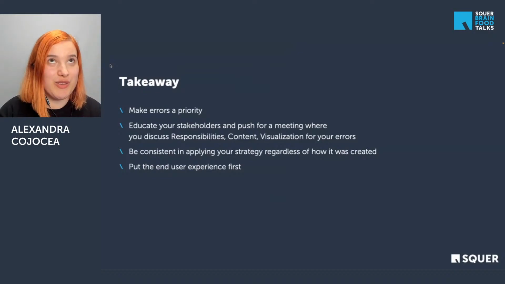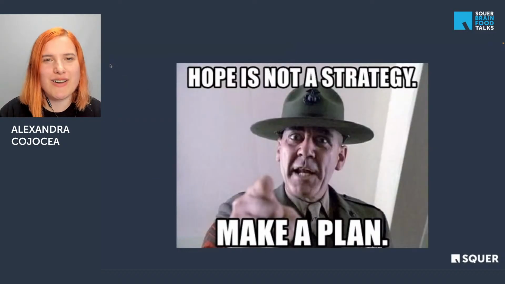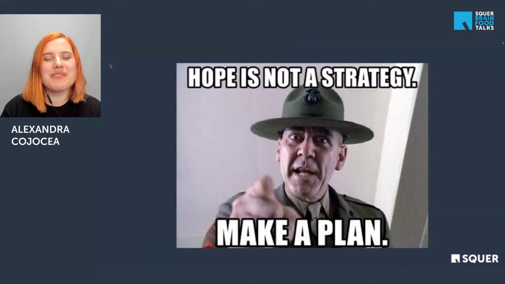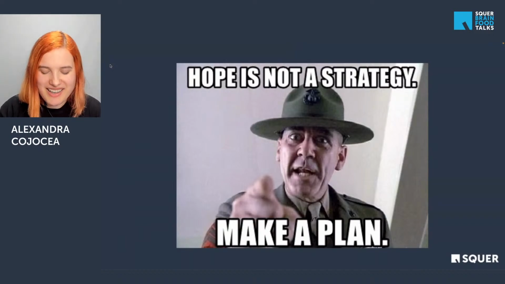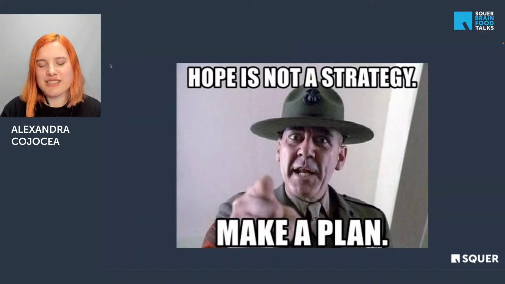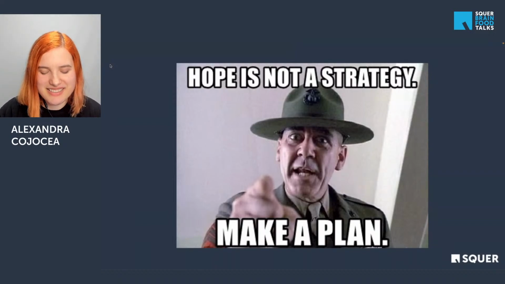And for all the people who are hopeful everything is going to work out, even though I do not spend too much time thinking about errors: hope is not really a strategy. So try to make a plan, as small as possible, as any time spent towards this topic will benefit you in the long run.